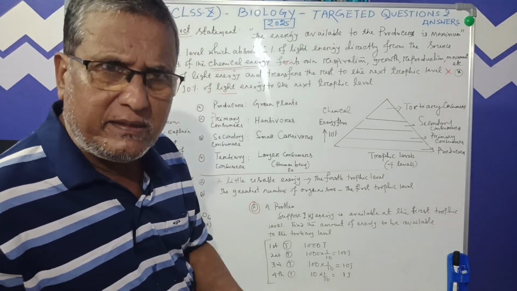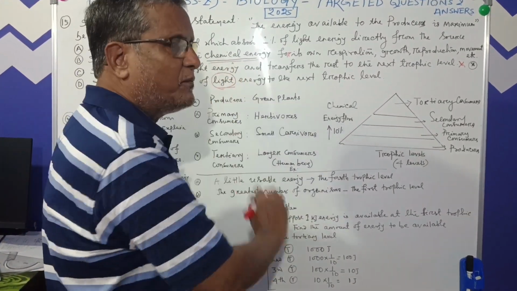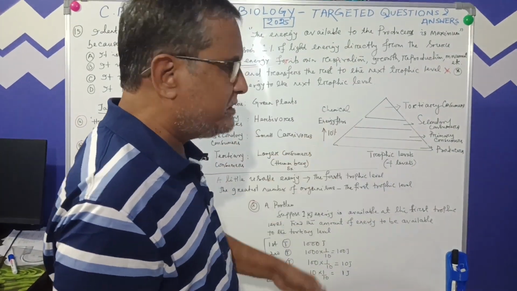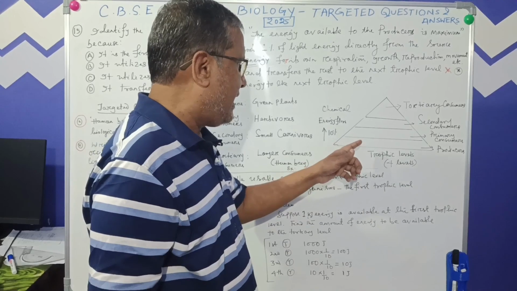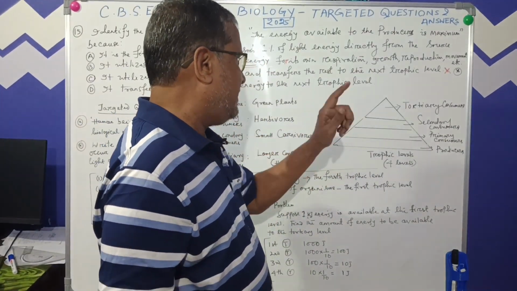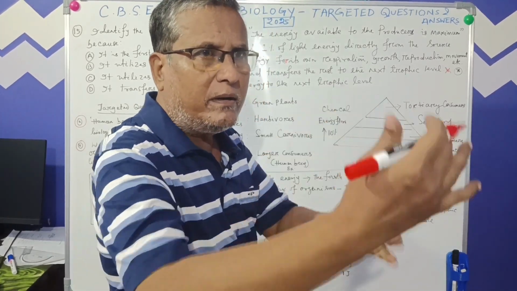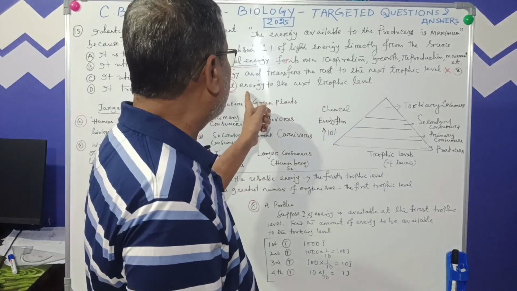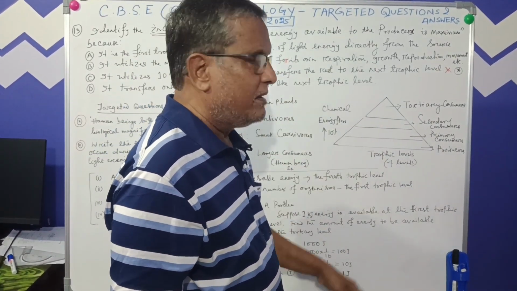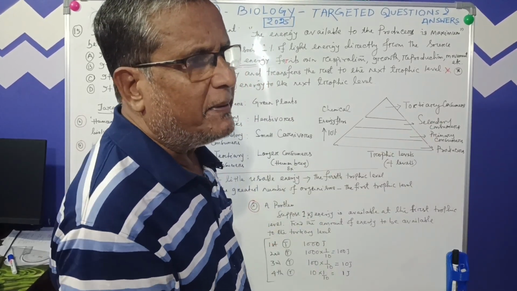So I think there is a mistake in the question, I suppose. You please discuss. Whenever light energy is captured and converted to chemical energy, how can the producer, the first trophic level, transfer 10% of light energy, when light energy cannot be converted by the primary consumers to chemical energy?